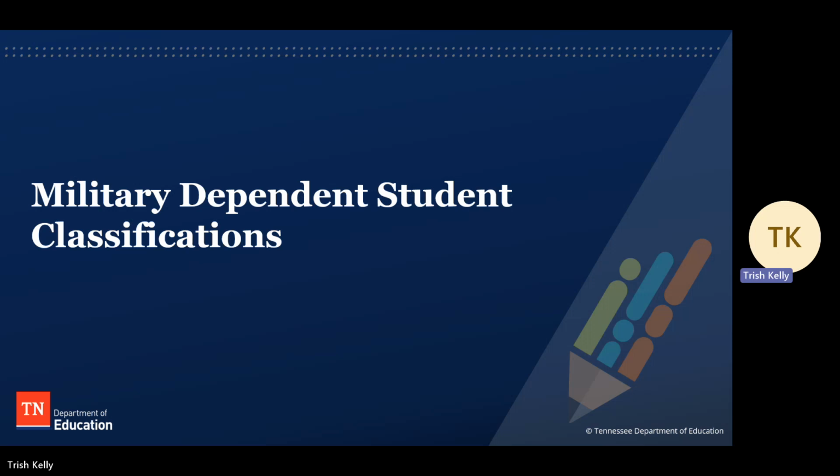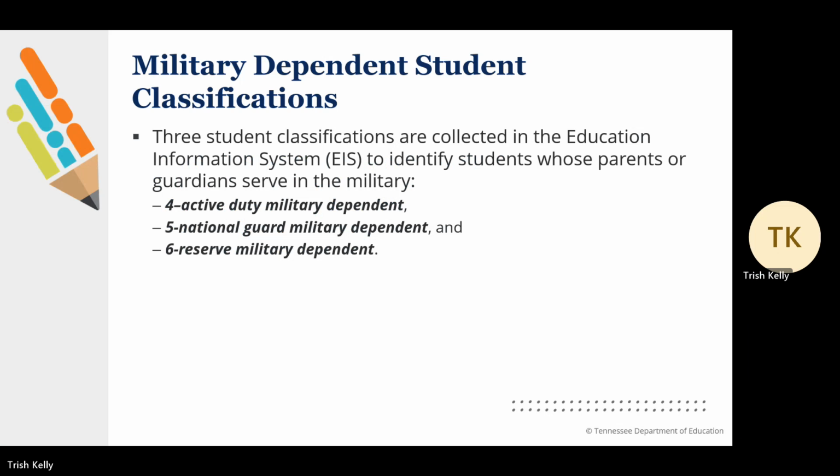Military-dependent student classifications. The department collects 3 student classifications in its Education Information System, EIS database: 4 active duty military dependent, 5 National Guard military dependent, and 6 reserve military dependent.